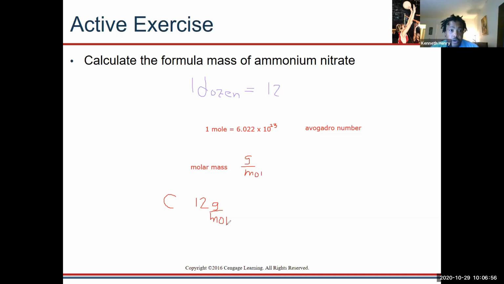Okay. So could I see 12 grams? Can you weigh 12 grams on a scale physically? Yeah. So I can actually see 12 grams.